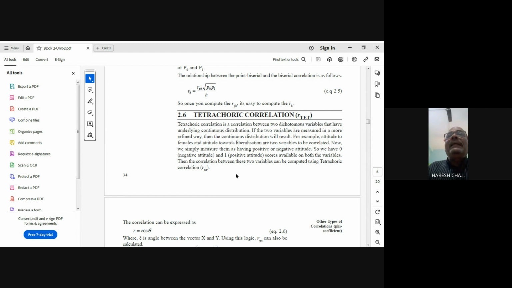Sometimes a variable is dichotomous but has an underlying variation. For example, if you say male and female, there is no underlying variation. There is one underlying variation, third gender, but commonly if we take gender, we cannot say that there is an underlying variation.